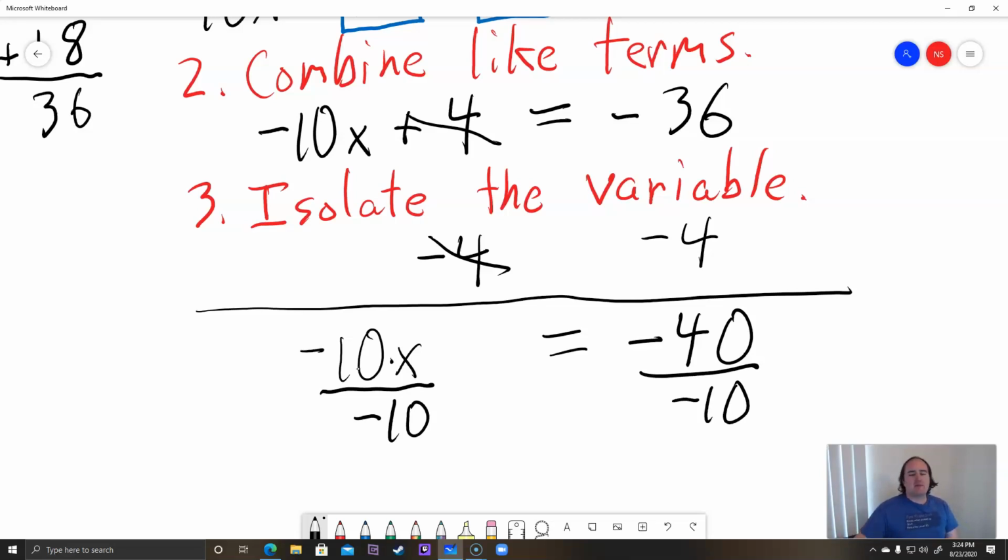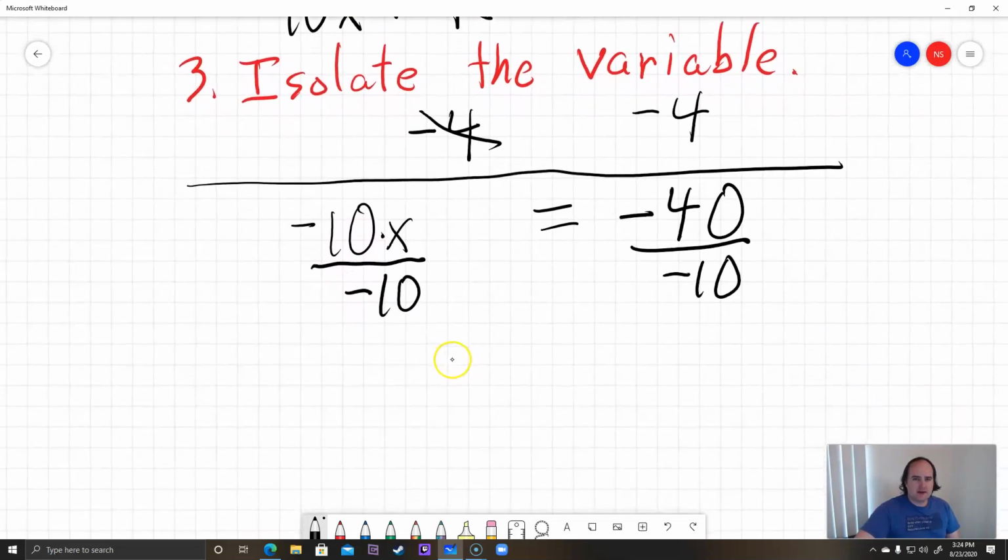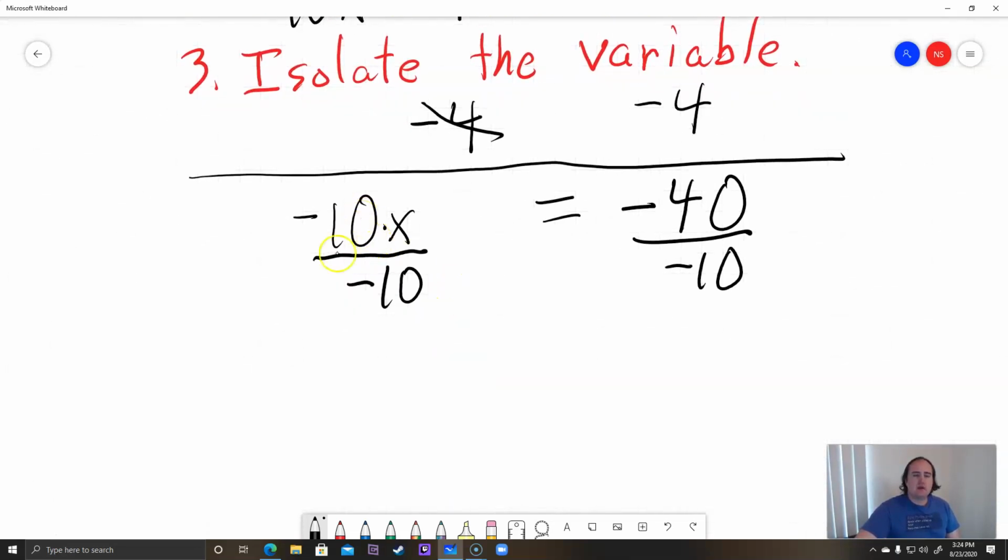You have to divide by both the negative and the 10 so that everything cancels out on the left side. On the left side, the minuses and the 10s cancel and we just get x. And on the right side, remember if you're multiplying or dividing and you have two minuses, they cancel out. So I can cross out those two minuses and those become a plus.